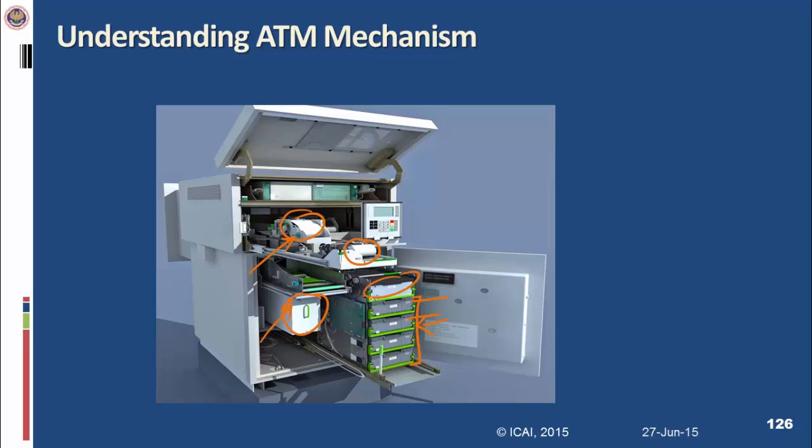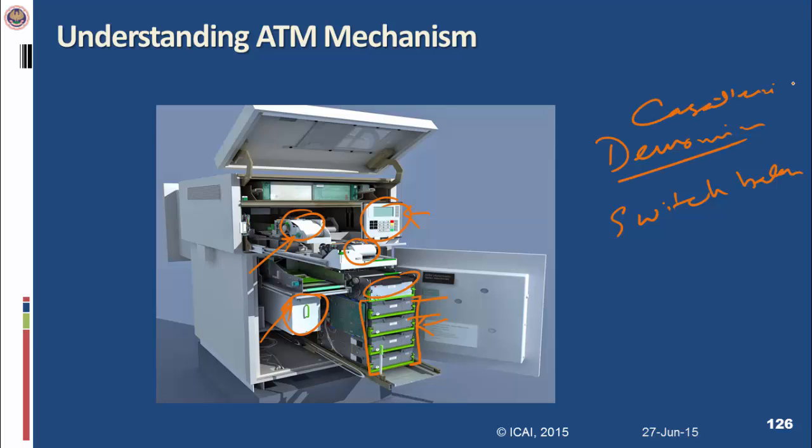For the auditing part, we first take out certain reports from this panel. This panel gives a denomination wise report and a switch balance report. The denomination wise report is also known as the cassette wise report, which gives the information on how many notes cassettes 1, 2, 3 and 4 hold.